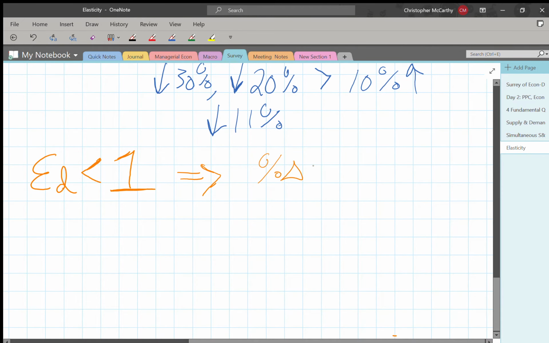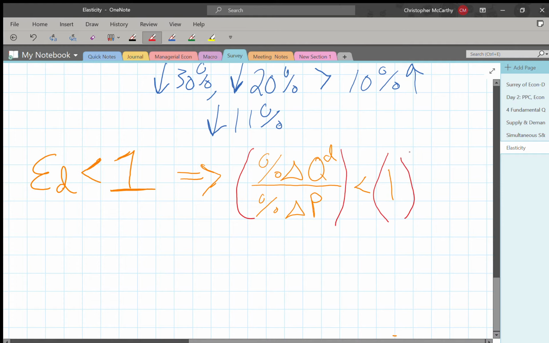Percentage change in quantity demanded over percentage change in price is less than 1. We will multiply both sides by the percentage change in the price. That's going to cancel, and we end up with the percentage change in quantity demanded being less than the percentage change in price.